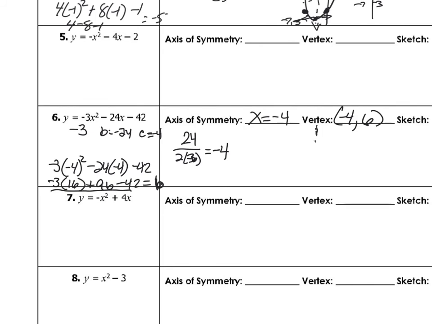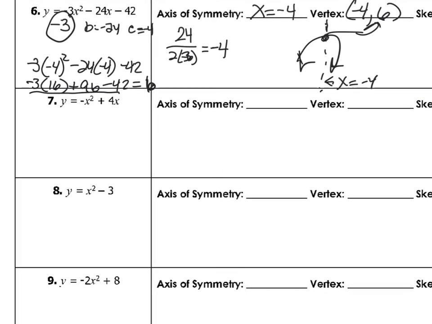So the axis of symmetry is the line x equals negative 4. Is it going to be pointing up or down? Well, my A is negative, so it's going to be pointing downward. And your vertex is negative 4, 6.